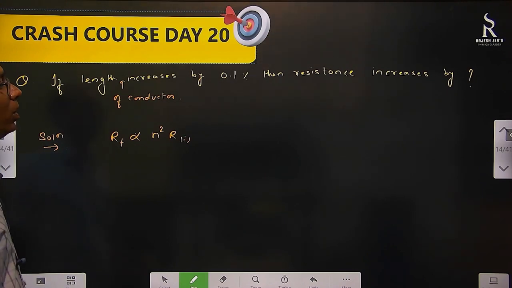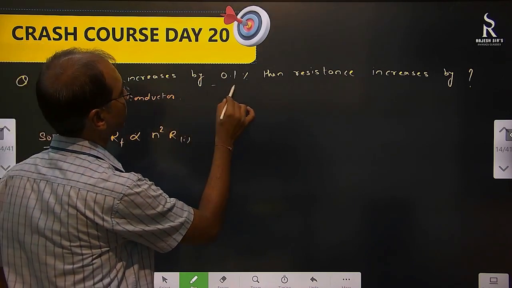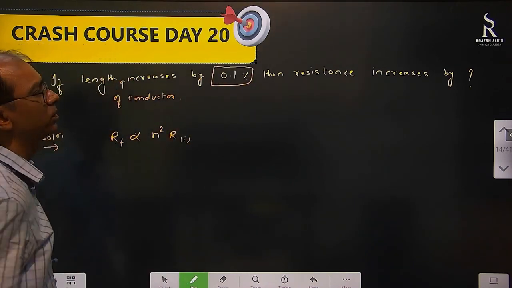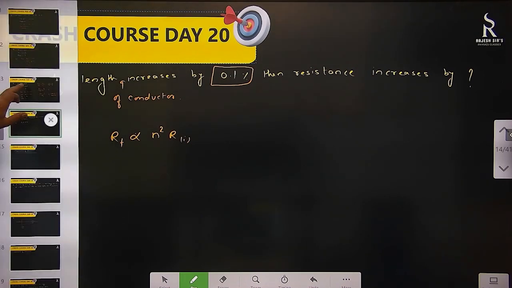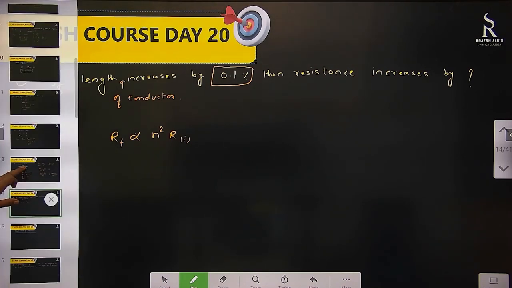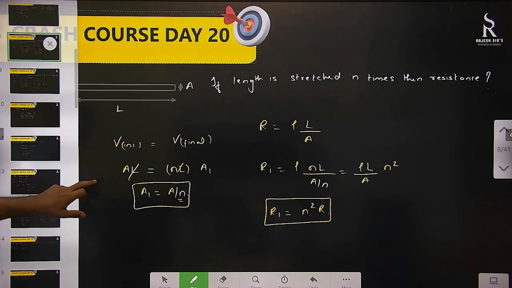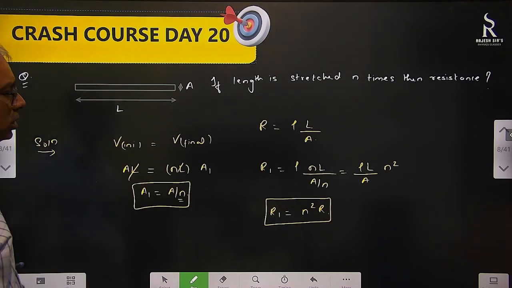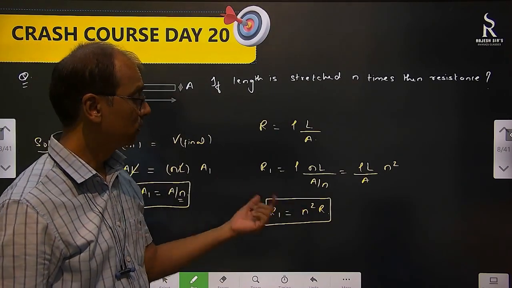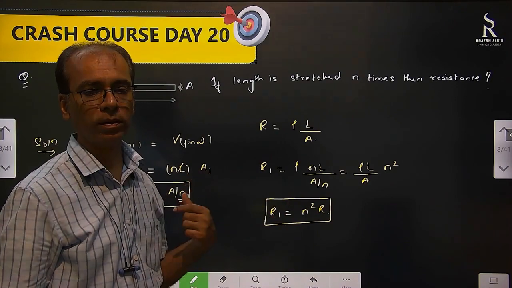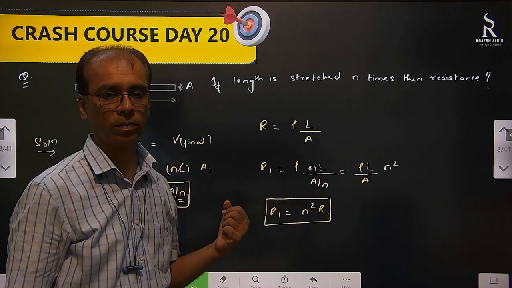What we can say finally here, because he is asking length increases by 0.1%: do we have any relation with length? Let's go back and check what the relation was. See, this was the relation. So R1 equals n square R. But in this one, do we have any relation with the length? Because without length, how can we do it?